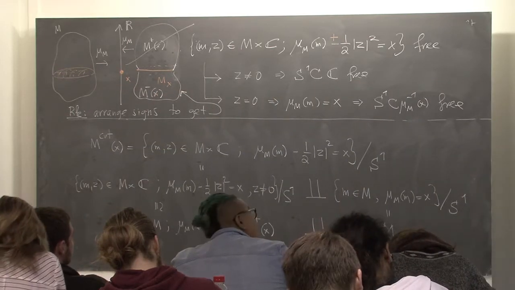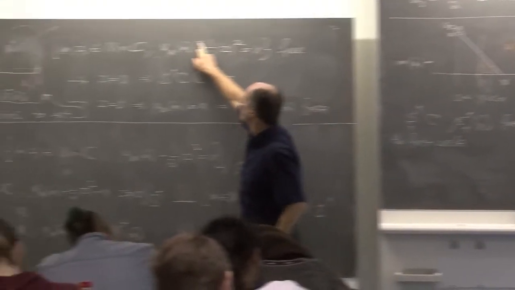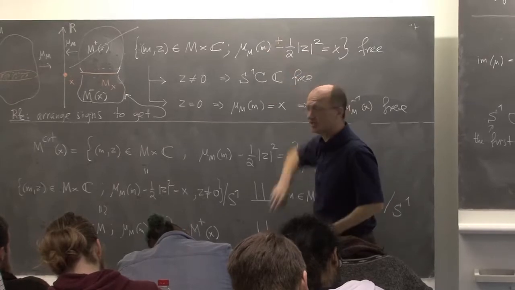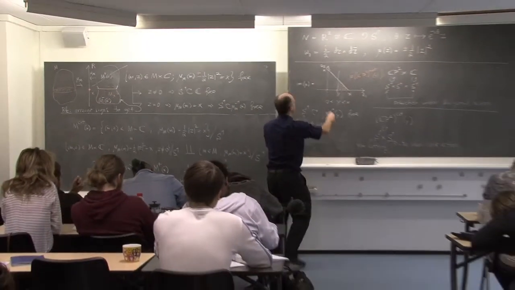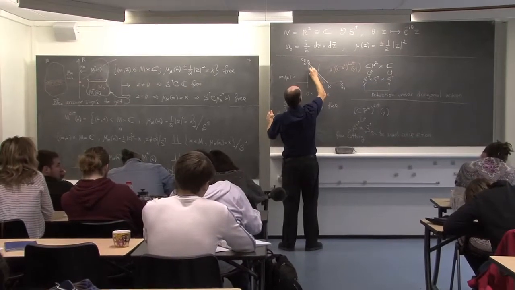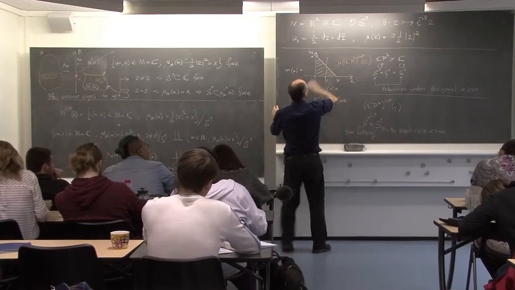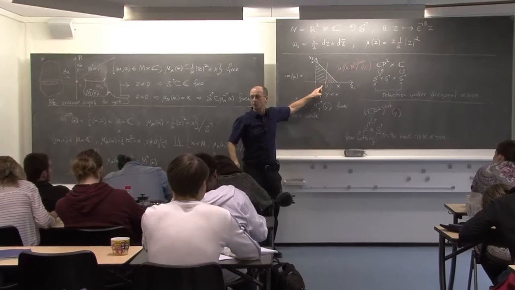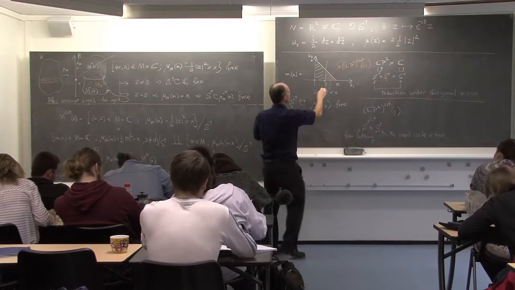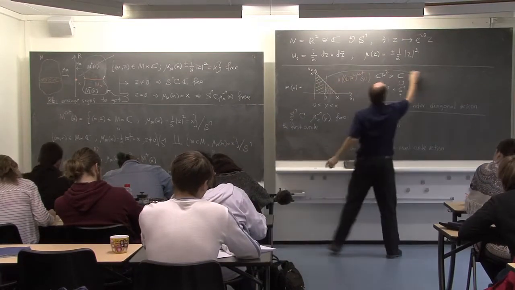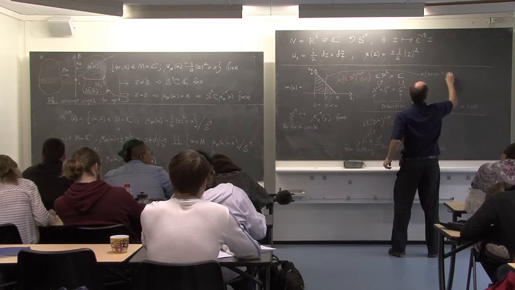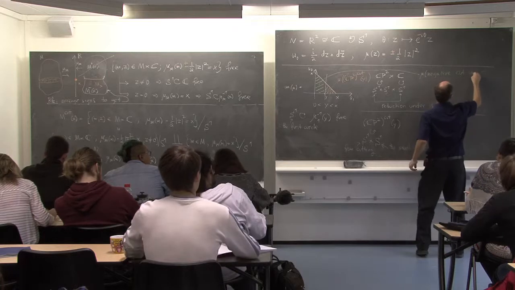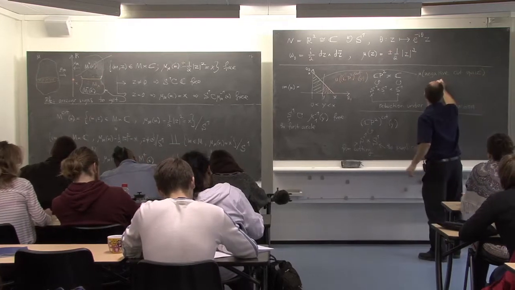Now, that's a good point. What if we decide to do this negative cutting, with a different sign of the moment map? Then indeed, if we take everything below y, that's the image of the negative cut space.